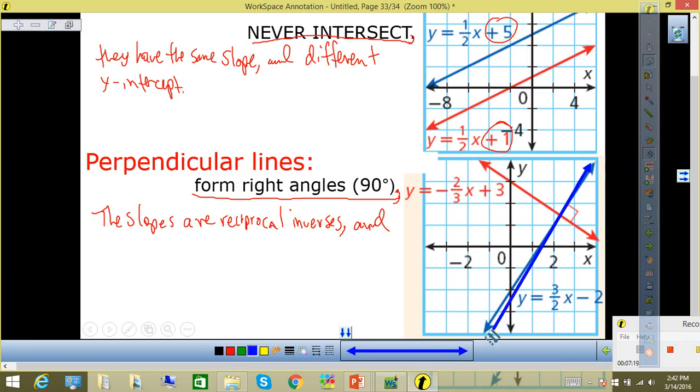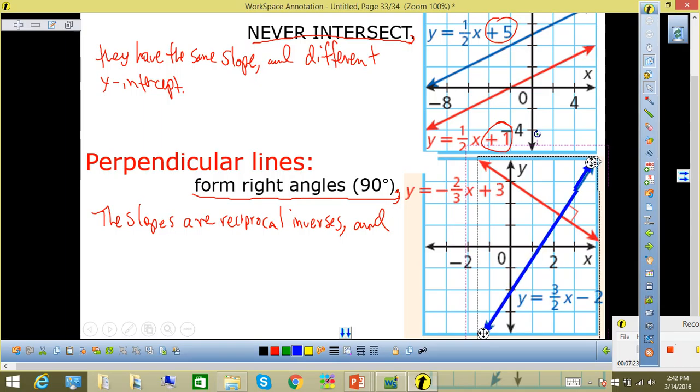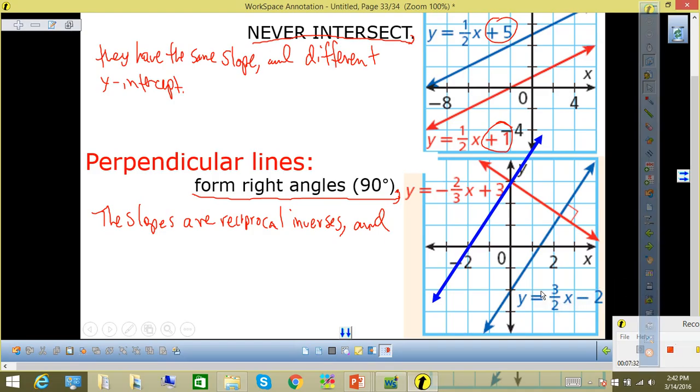So, what if I move this line there? What do you notice? They cross what? They both have the same y-intercept. So does it matter if they have the same or different y-intercept?